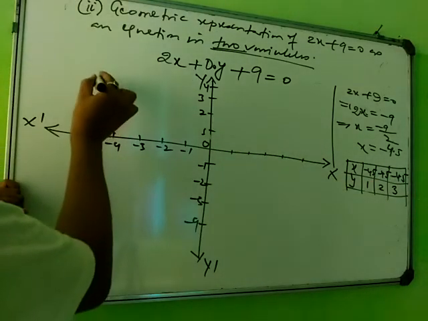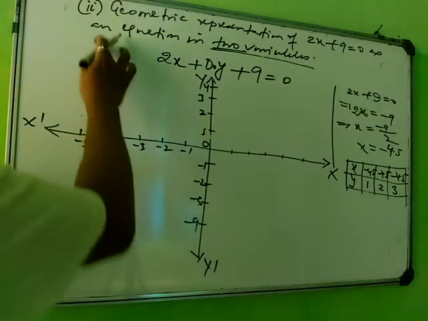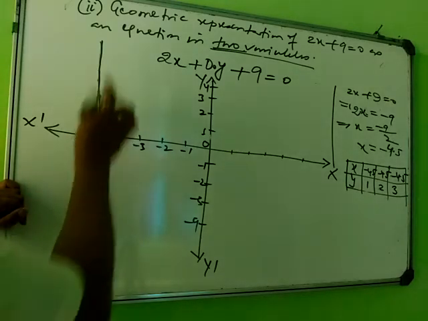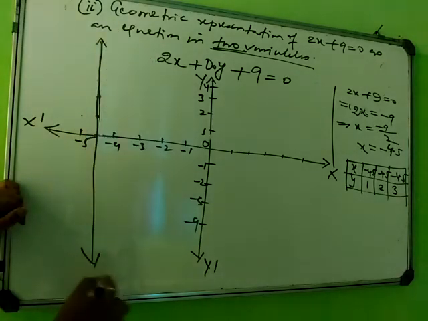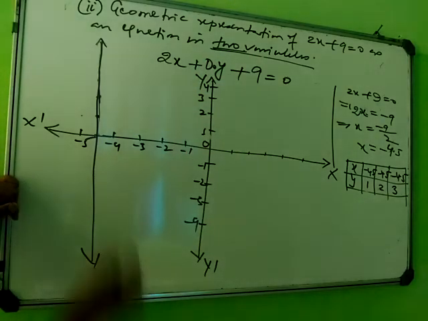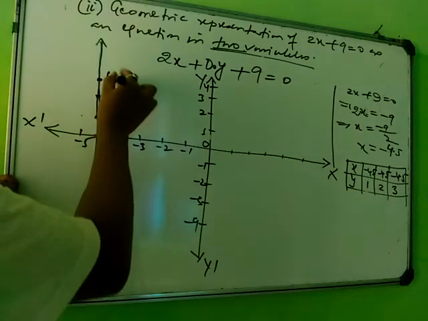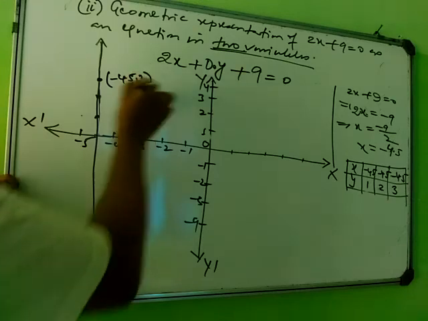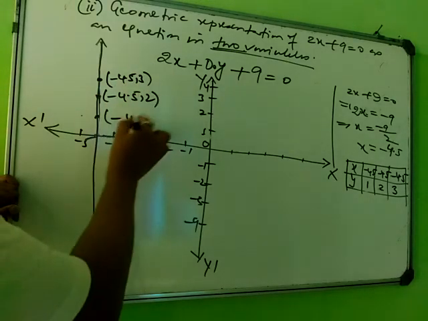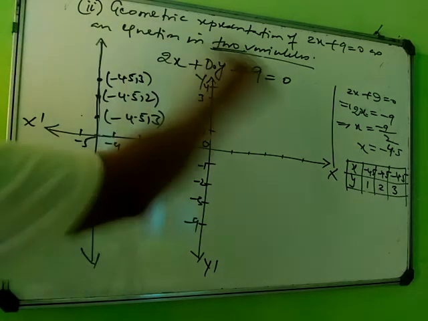Then you join all these points, and then you will see you will get a straight line that will be parallel to the y-axis. So now here 1 point, 2 point, 3 point. So it is minus 4.5 comma 1, minus 4.5 comma 2, minus 4.5 comma 3, like this. So this is your answer.